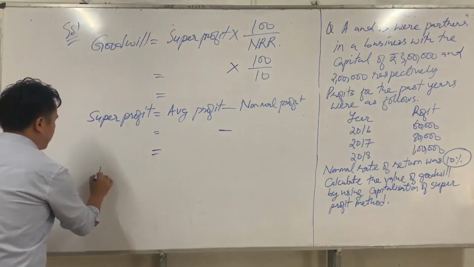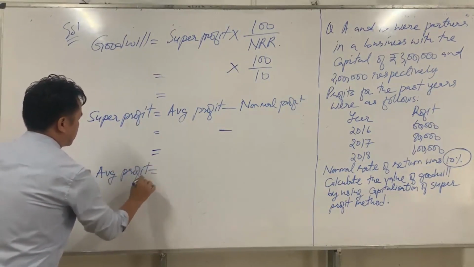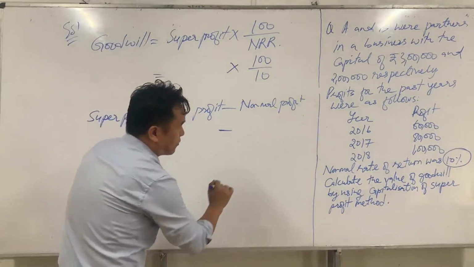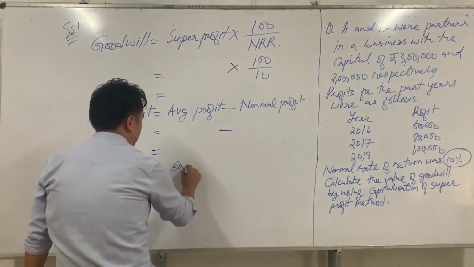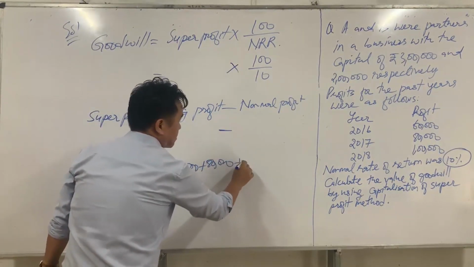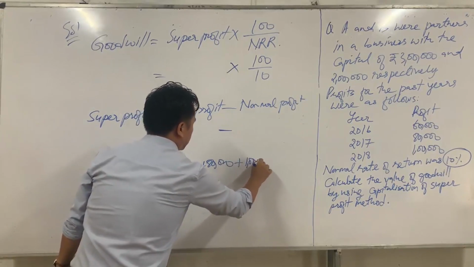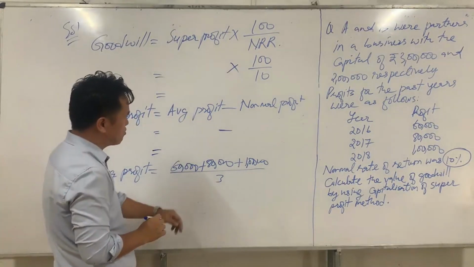So first we are going to find average profit. Okay. So average profit of the past 3 years is 60,000 plus 80,000 plus 1 lakh, and it should be divided by 3 years.